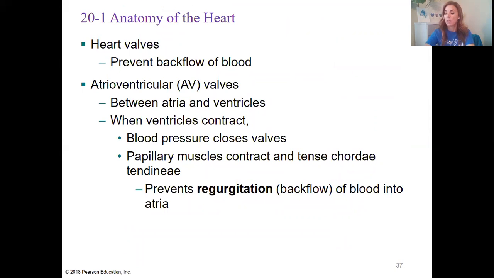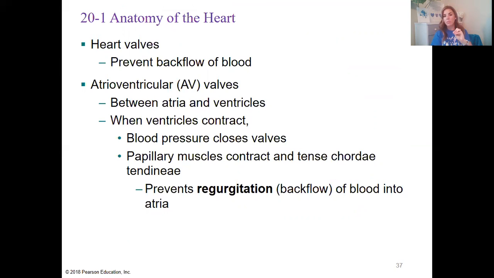because I have a little question over here, regurgitation. What is it? Answer this. Regurgitation is going to be backflow of blood. Anytime you look at valves, we just talked about 4 different valves within the heart. The valves are for one-way blood flow.